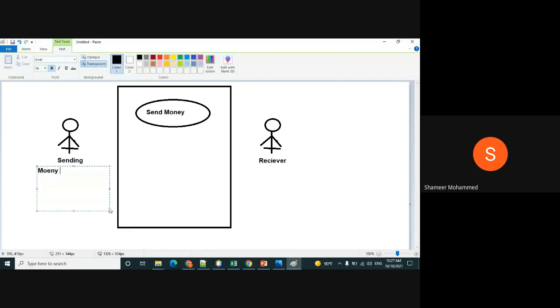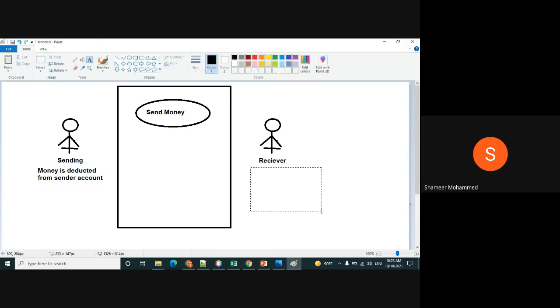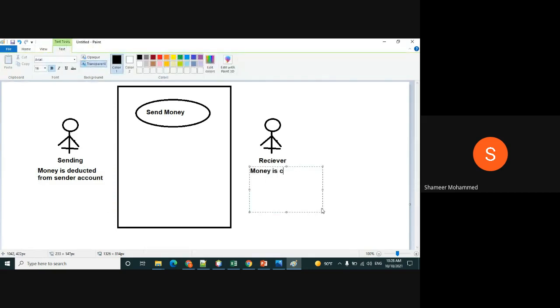Money is deducted from the sender's account and credited in the receiver's account, isn't it?